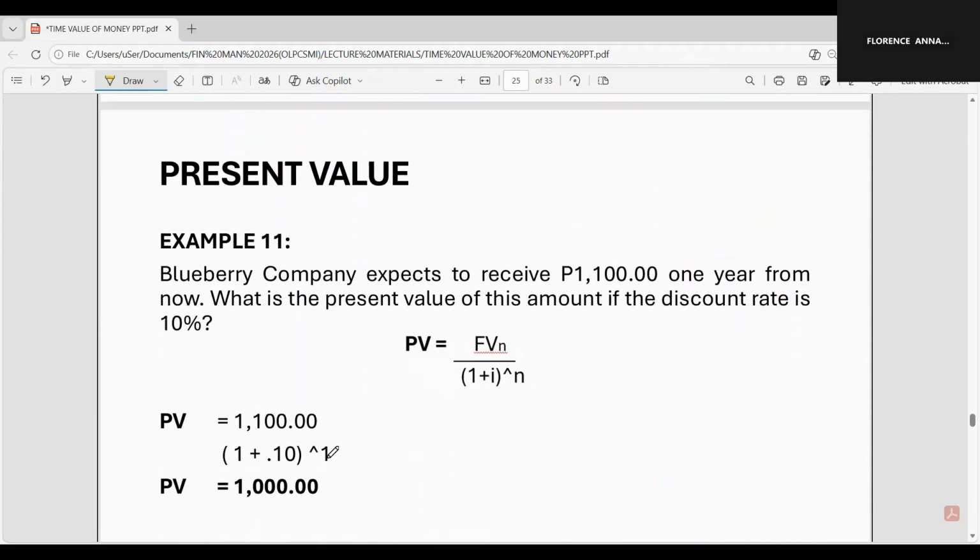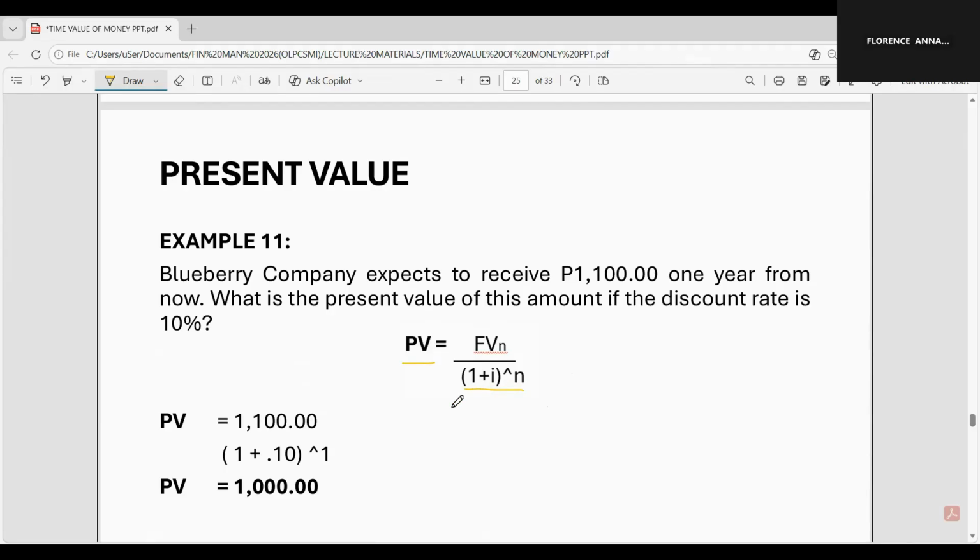Now, let's try solving. Blueberry Company expect to receive 1,100 1 year from now. What is the present value of this amount if the discount rate is 10%? So, what again is our formula? That is your PV or present value is equal to your future value divided by 1 plus I raised to n.